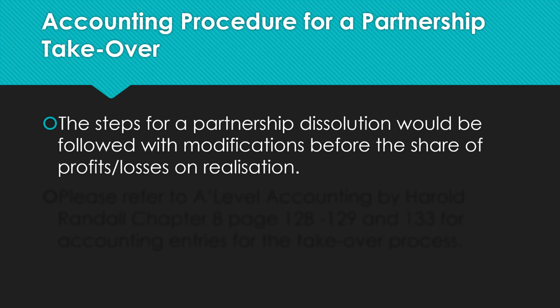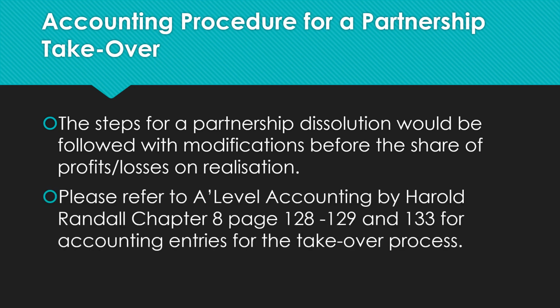Okay, so if you have the A-level accounting by Harold Randall, you can read chapter 8 on pages 128 to 129, and then you can look at page 133 for the additional accounting entries. Pages 128 to 129 give you the part when you're dissolving or closing down the partnership.